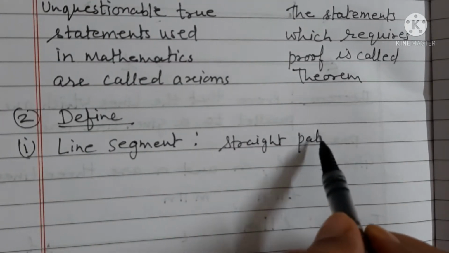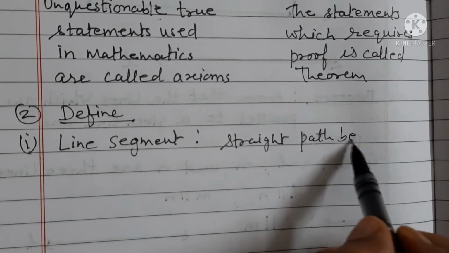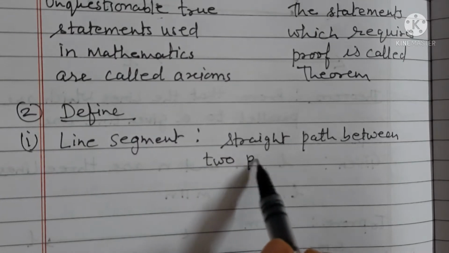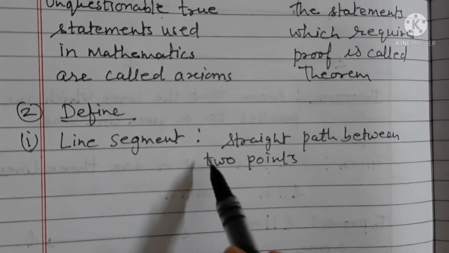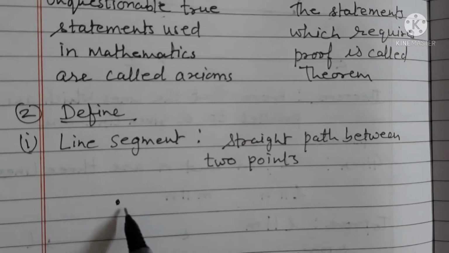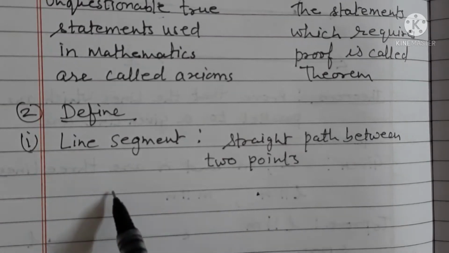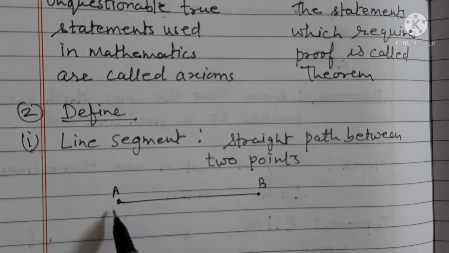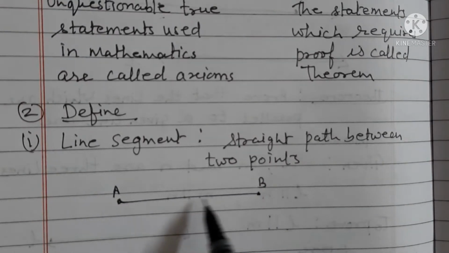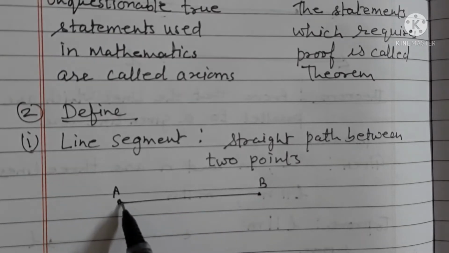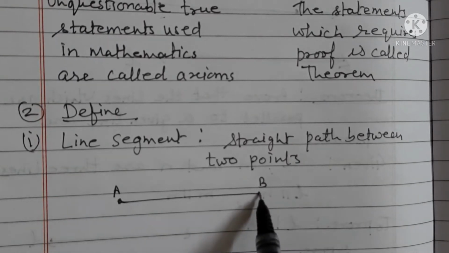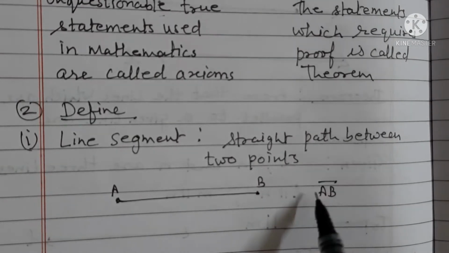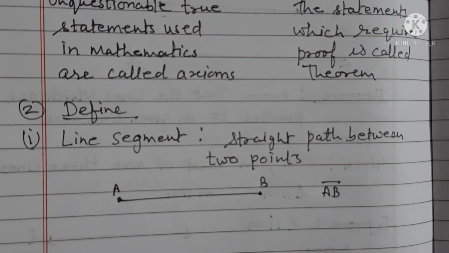It means, suppose this is the point A and this is the point B. Join these 2 points with a straight line. So this is called the line segment. It has definite length and you can write it with symbol AB. And this is line segment.